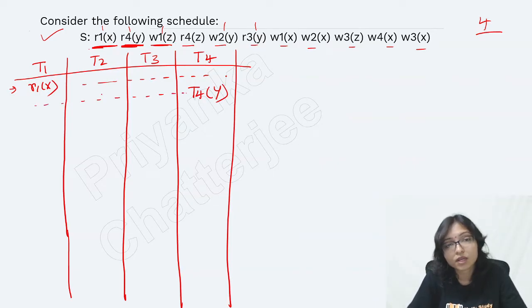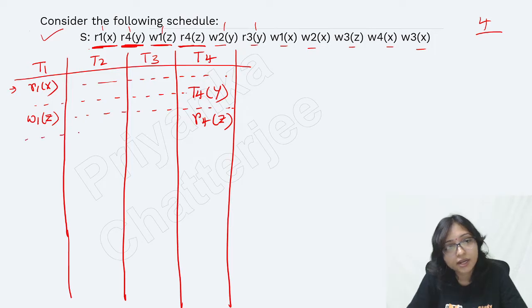Now the next one is R4z, the operation of T4.